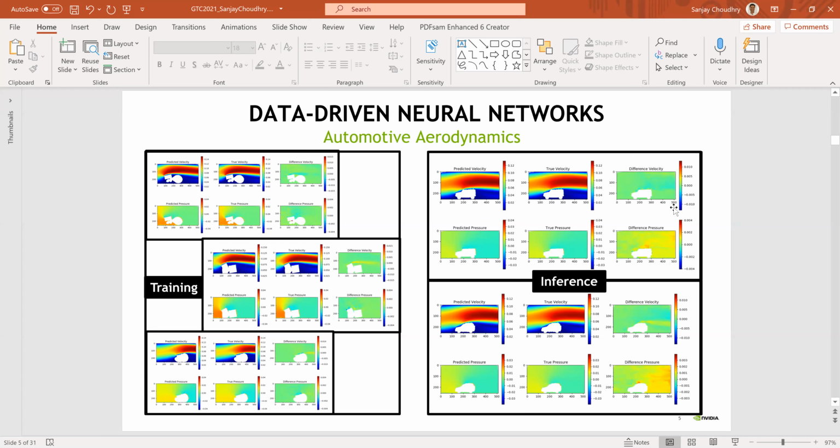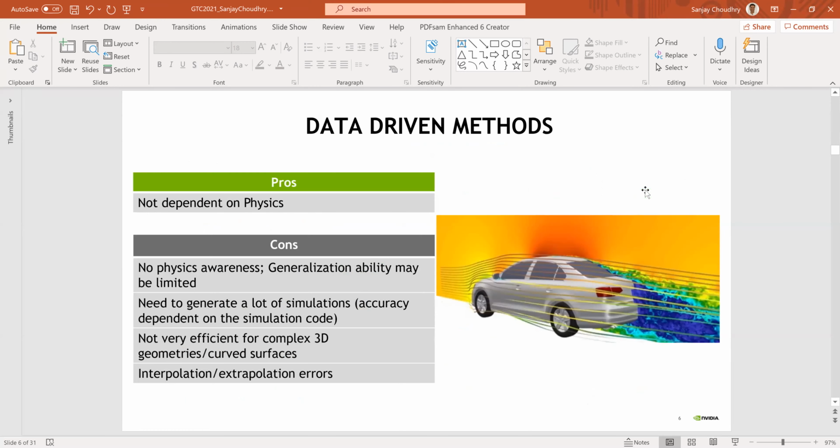And then with the inferencing, you could actually do aerodynamics on these cars of different shapes. You will get the pressure differences and velocity differences, and you can see they're fairly reasonably close, within a certain error tolerance.